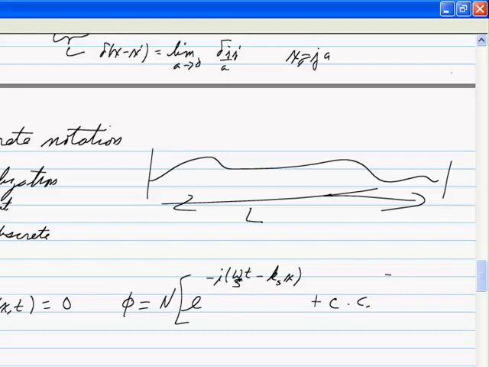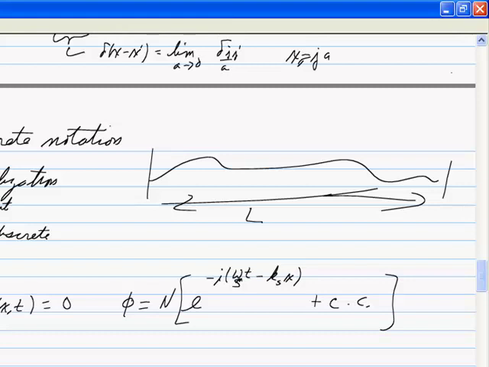This is a real field. So you take sines or cosines of that, and omegas and k's get quantized or discrete.